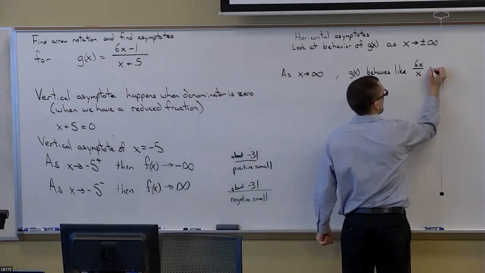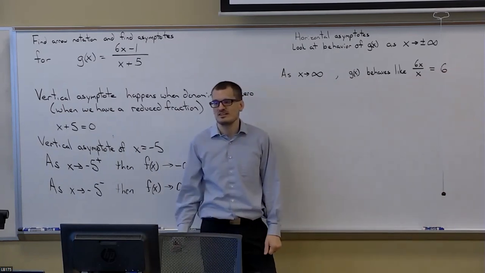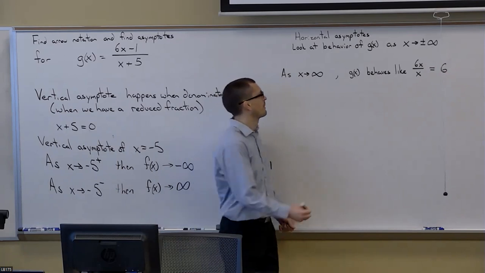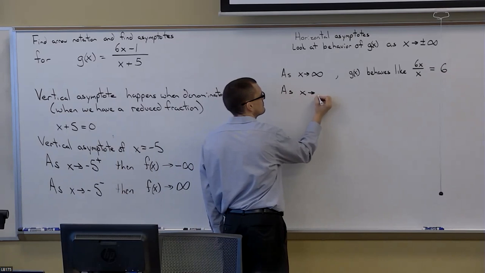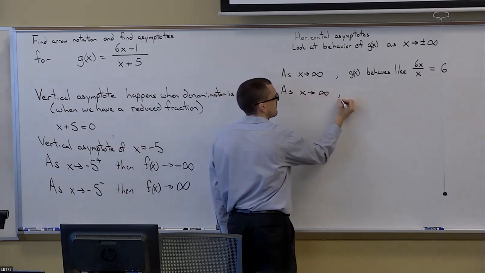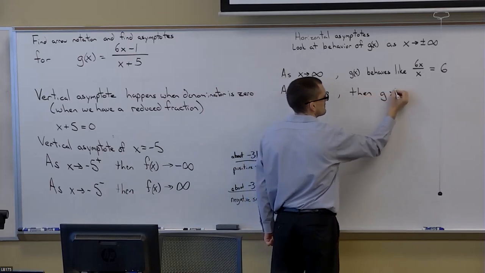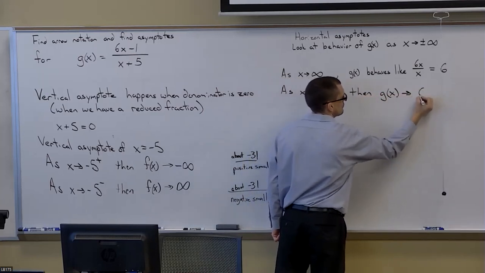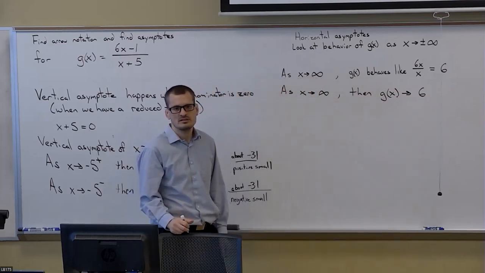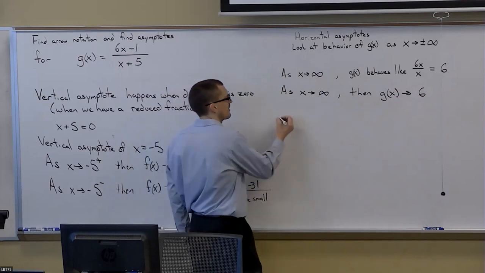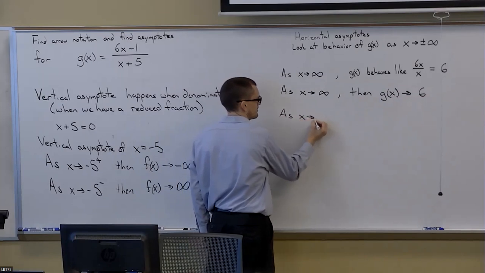Well, that's just 6. So as x goes to infinity, g of x goes to 6. Leading terms dominate.